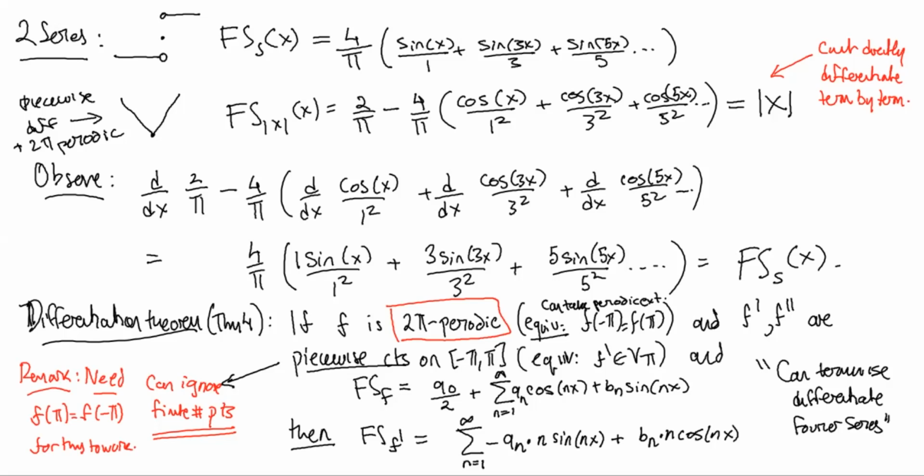Unfortunately, I can't really explain why all this is happening because it requires quite a bit more analysis. But in the book, you can find an example where, if you try to pull this off with a non-periodic function and just differentiate every term, you get garbage.